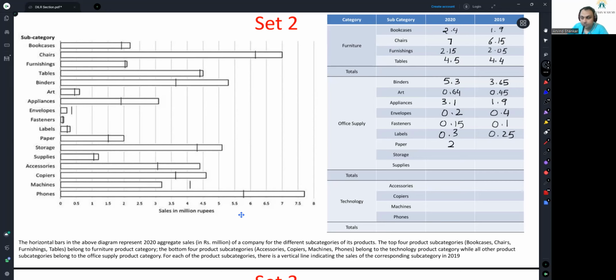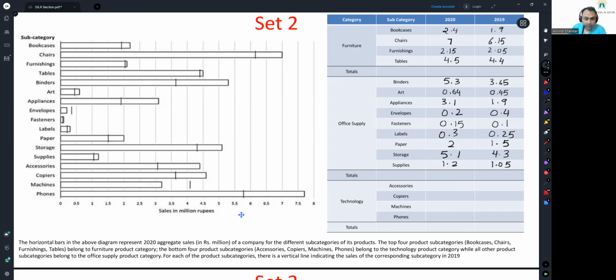This is awesome. For storage, 5.1 and 4.3. For supplies, 1.2 and 1.05.